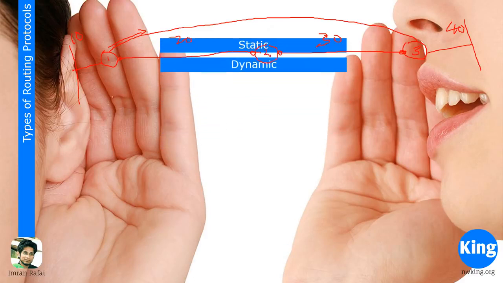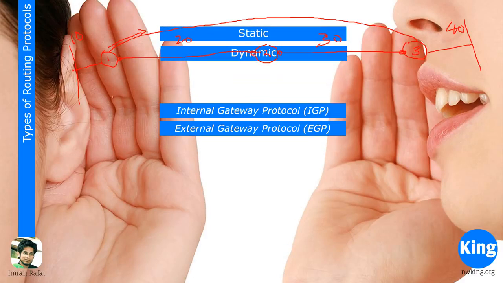So let's look at routing protocols. There are two types of routing protocols: the IGP, or interior gateway protocols, and the EGP, exterior gateway protocols. IGP protocols work within a single autonomous system. In plain English, let's say you're a small organization and you have 5 routers.